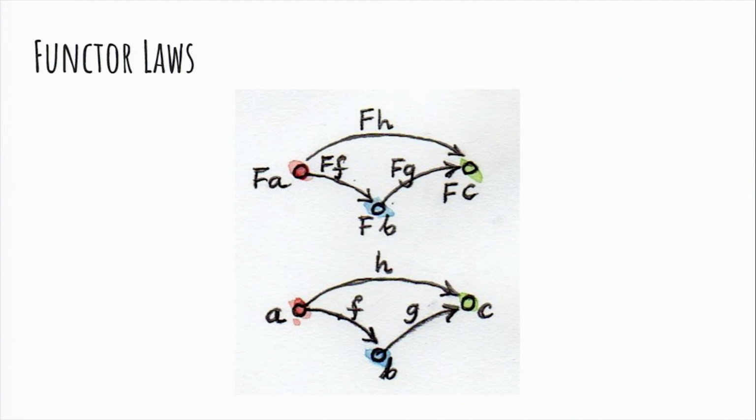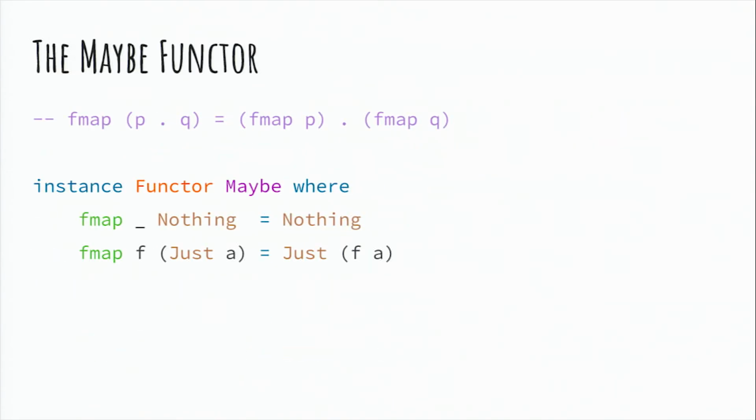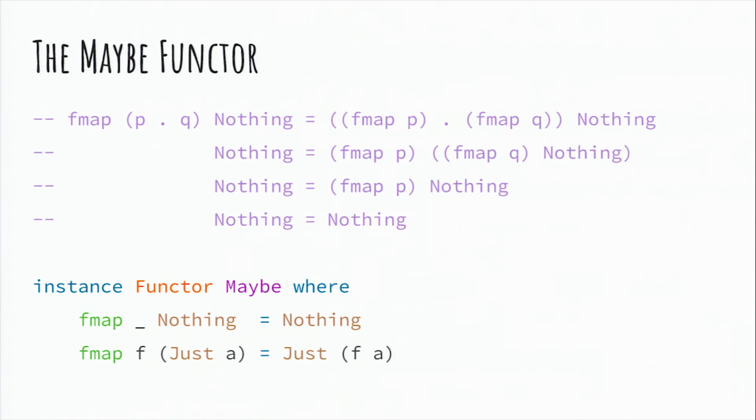If H is the composition of F and G, then fmap H must be the composition of fmap F and fmap G. So if you do that for Nothing, it's a lot of noise, but essentially, yes, this holds.